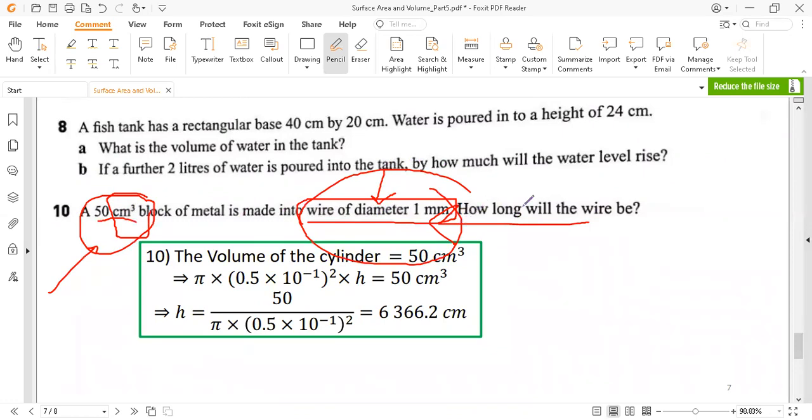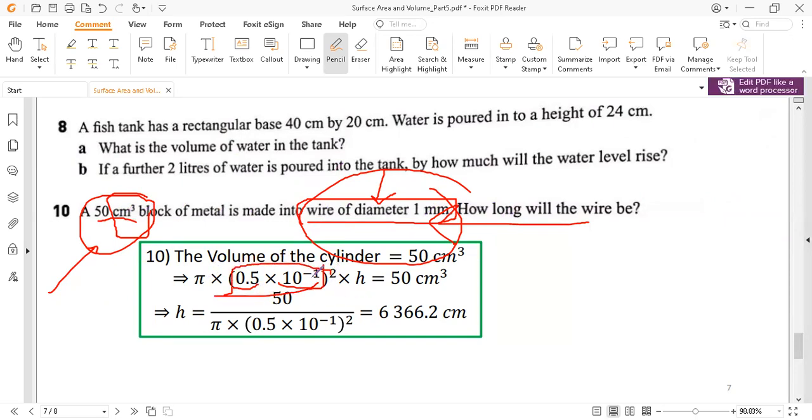We should know that a diameter of 1 millimeter is a radius of 0.5 millimeter, and we want to calculate everything in centimeters cubed. From millimeters to centimeters, we divide by 10, or multiply by 10 to the power of minus 1. So the radius in centimeters is 0.5 times 10 to the minus 1.